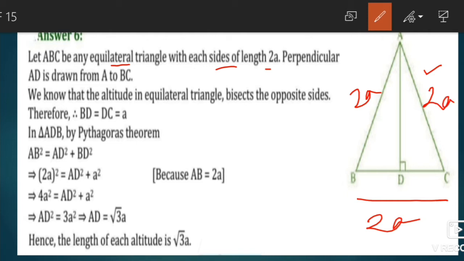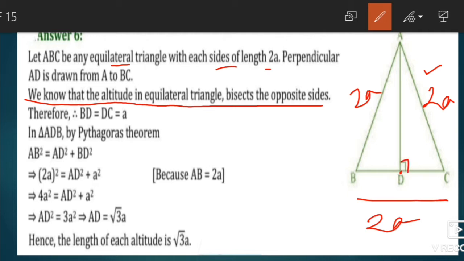The perpendicular AD is drawn from A to BC, so AD is the altitude. We know that the altitude of an equilateral triangle bisects the opposite side. That means this AD bisects BC, so this point D is the midpoint of BC.